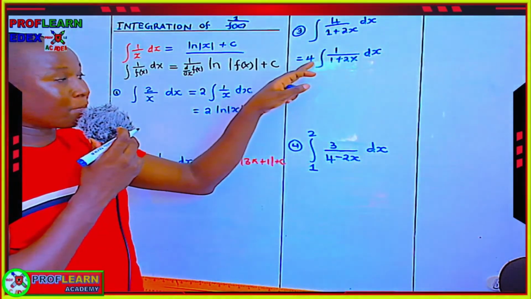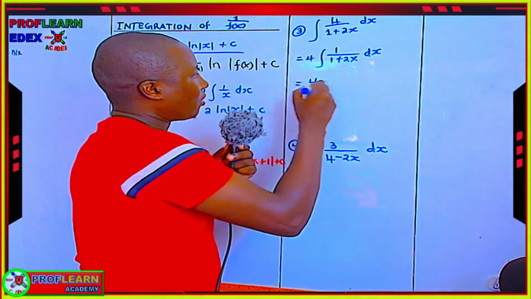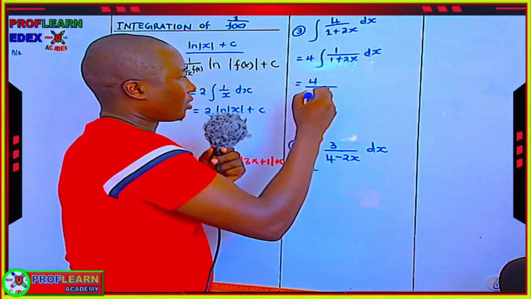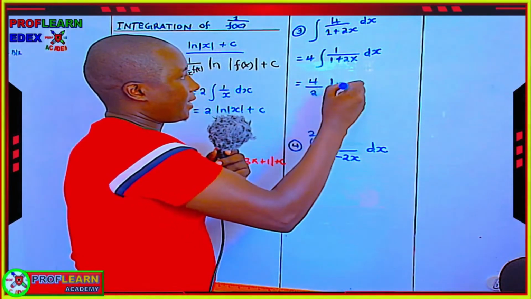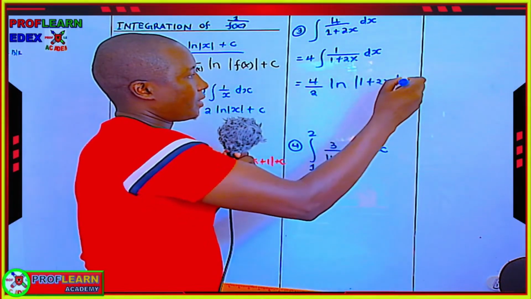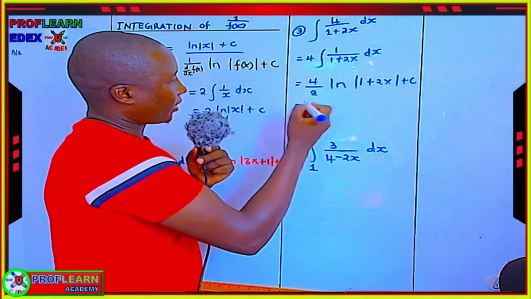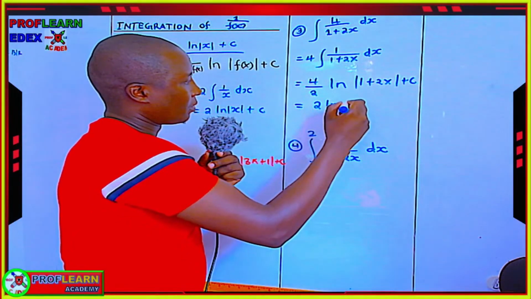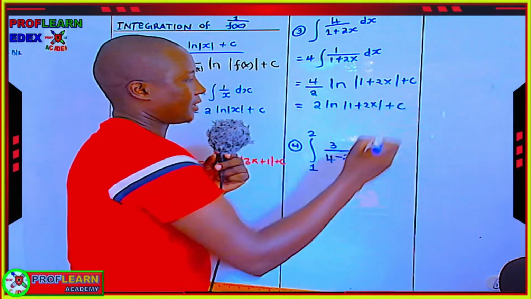We divide it by 4 here, and this is going to be equal to 4 over, differentiating this, we're going to get 2, then ln of 1 plus 2x, then plus c, which is going to simplify to 2 ln of 1 plus 2x plus c.